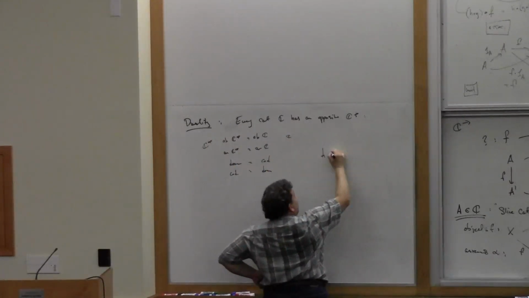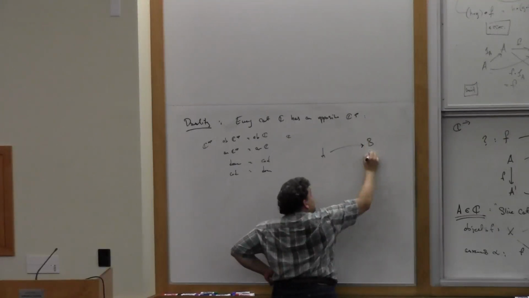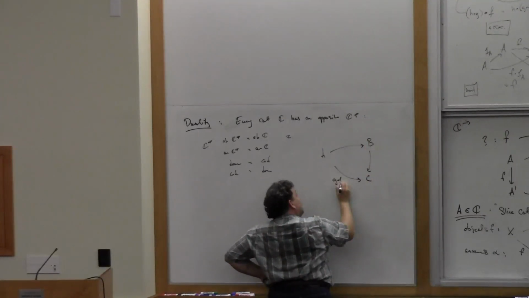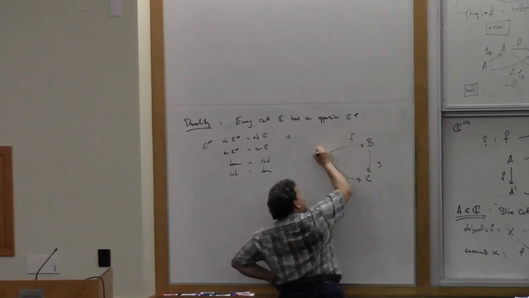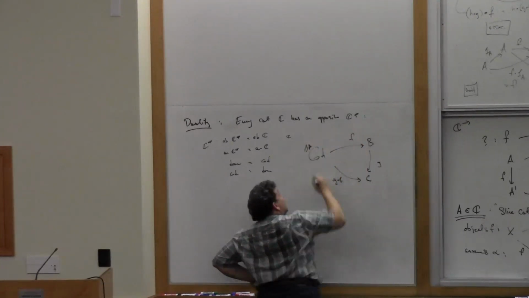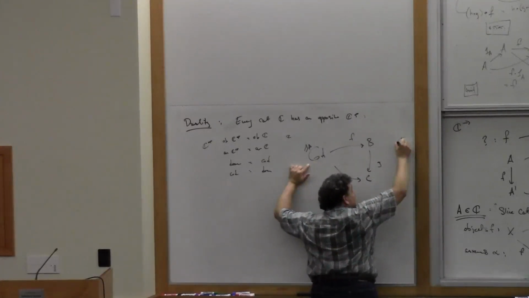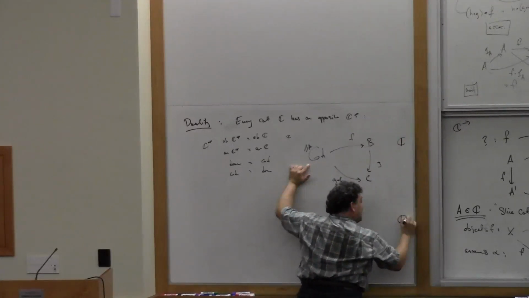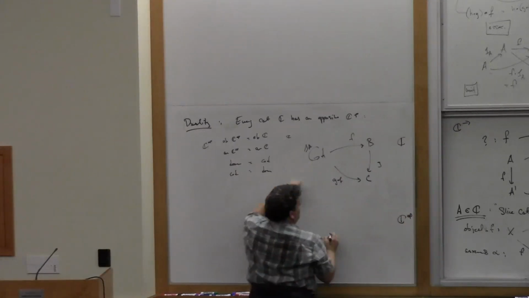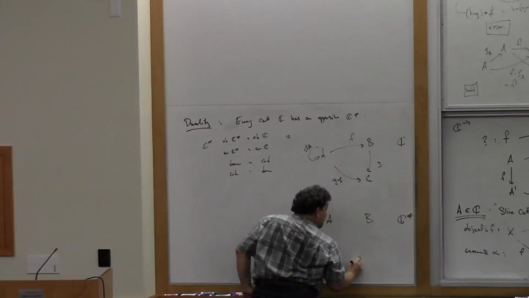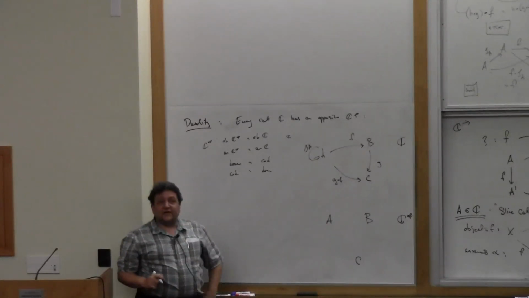If I have some diagram like this, A, B, C, with f, g, and g after f, and the identities are the same too, by the way, and this is in C, then I can regard that as a diagram in C^op with the same objects, but I regard the arrows as going in the other direction.